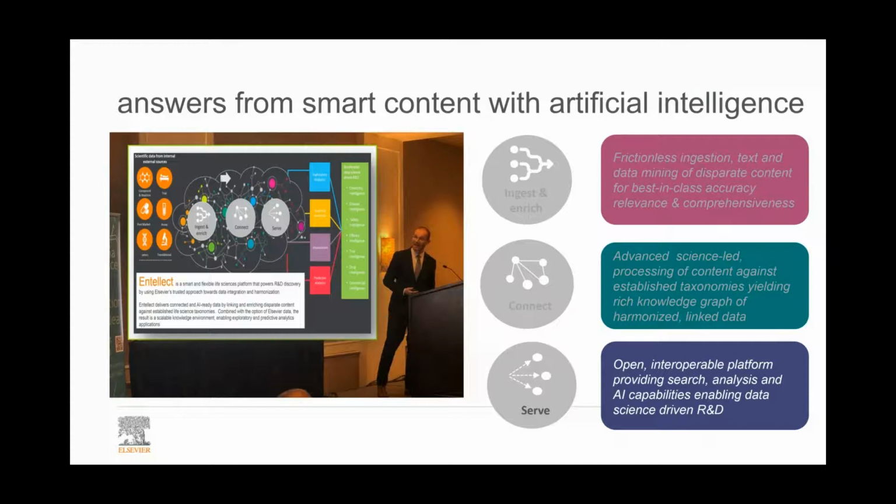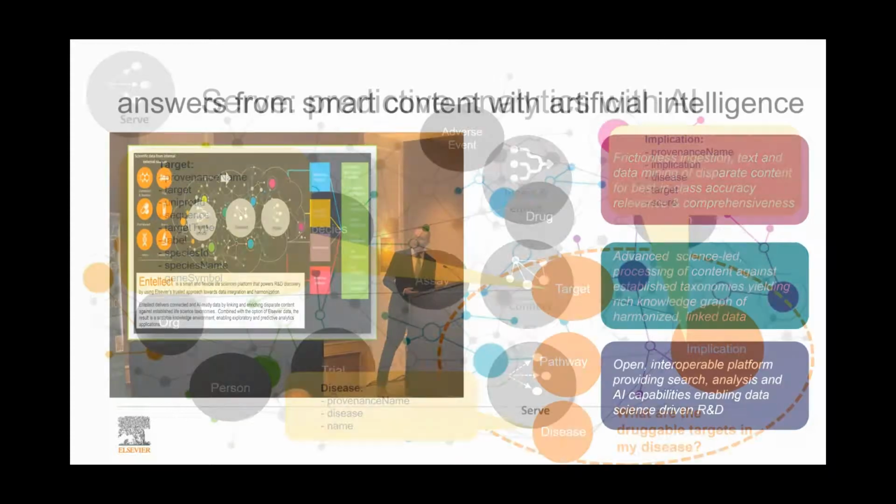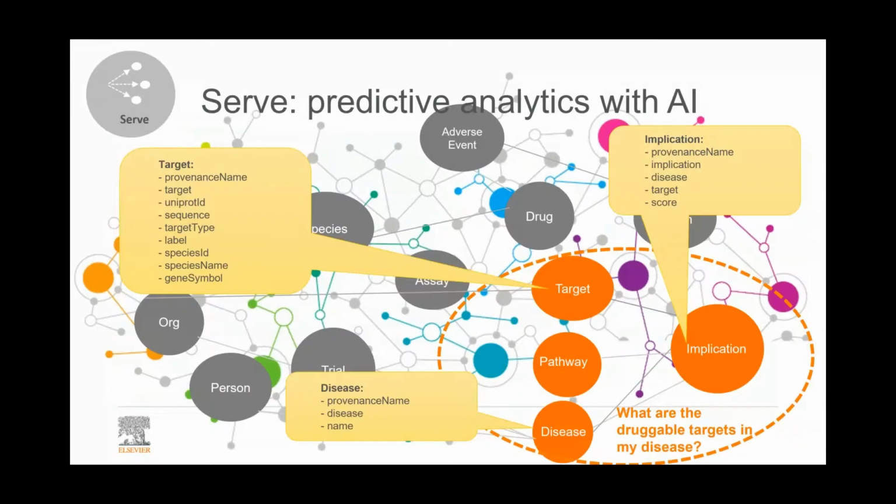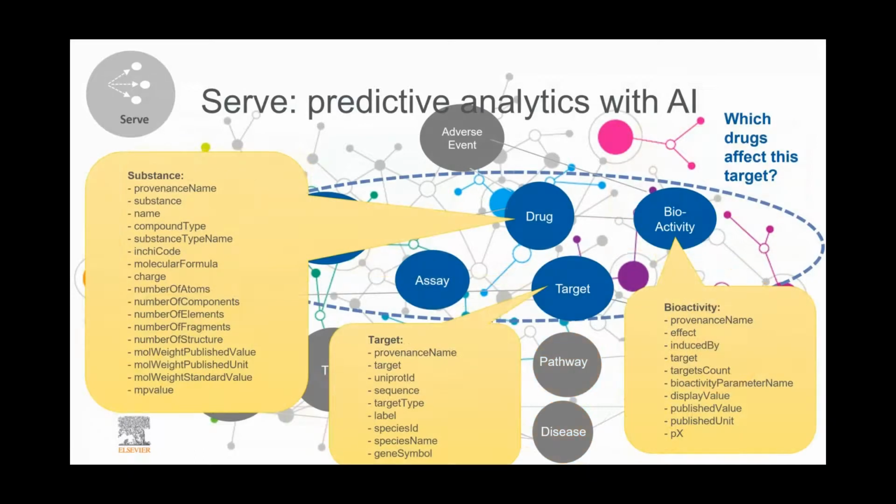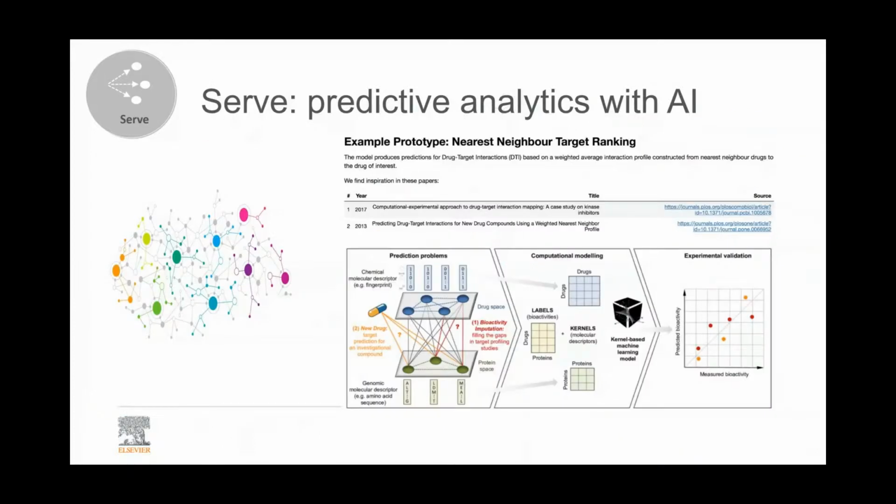So with the datathon, what we're doing is we're making data available to a bunch of data scientists on target disease implication, on substances that bind to those targets and their bioactivity. And then there's the possibility to run machine learning on that.